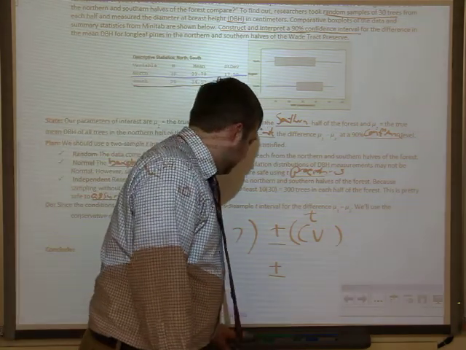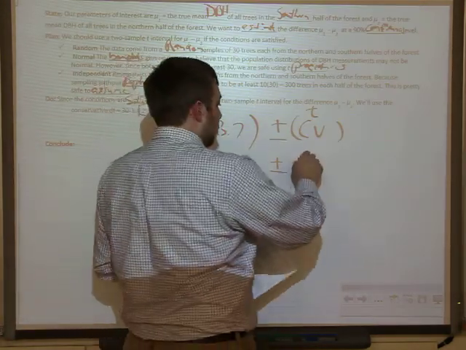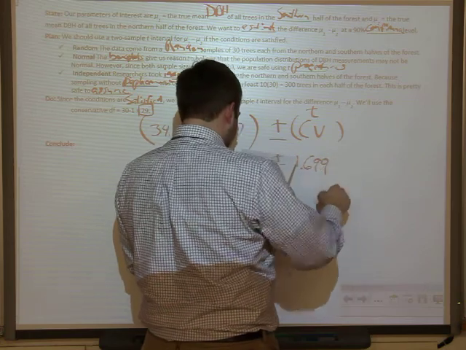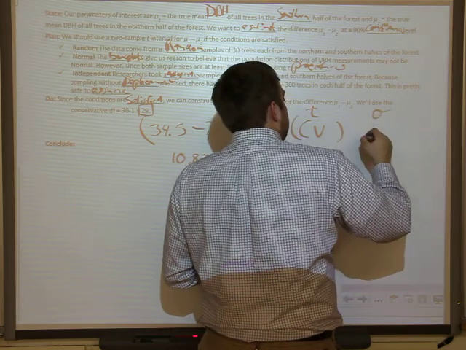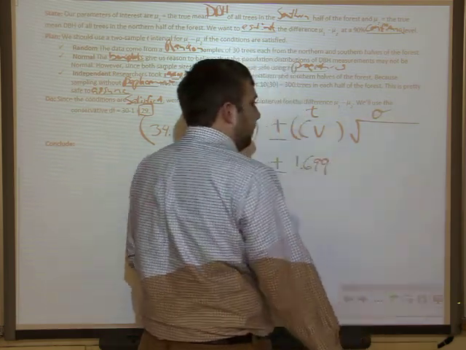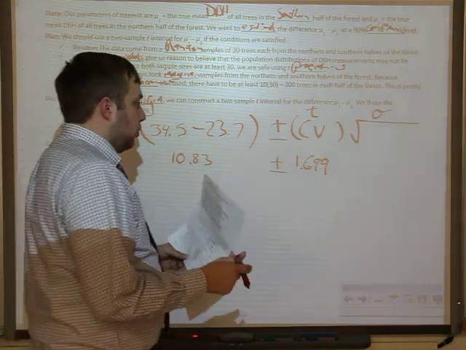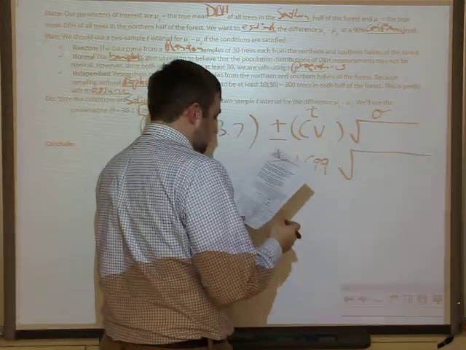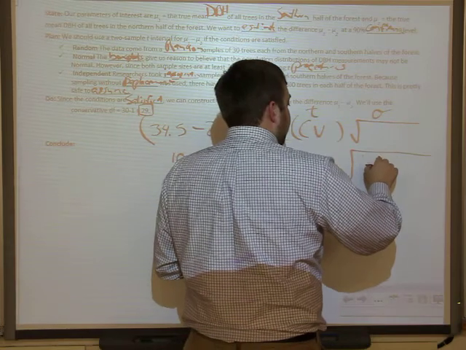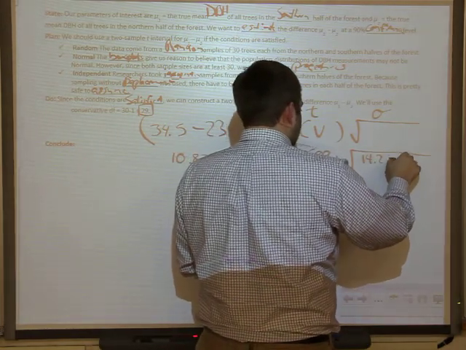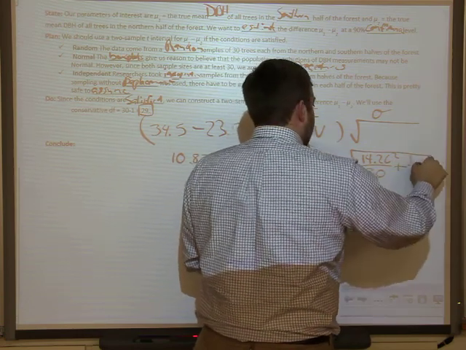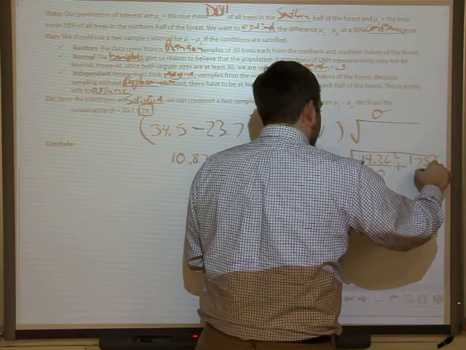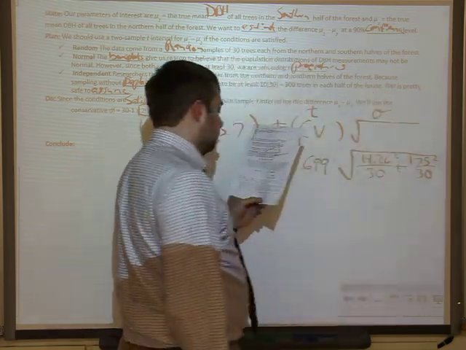So I am going to put 1.699. And then my standard error, which is that big radical thing that we just talked about. It's going to be the standard deviation of the south, 14.26 squared over 30, because I have 30 samples, plus 17.5 squared over 30.